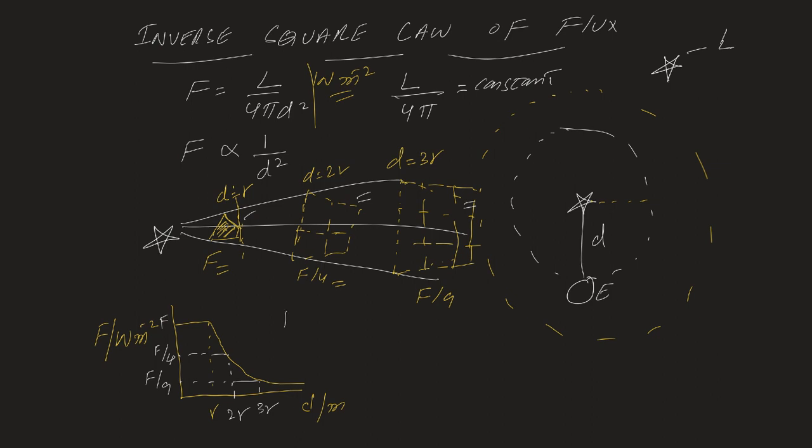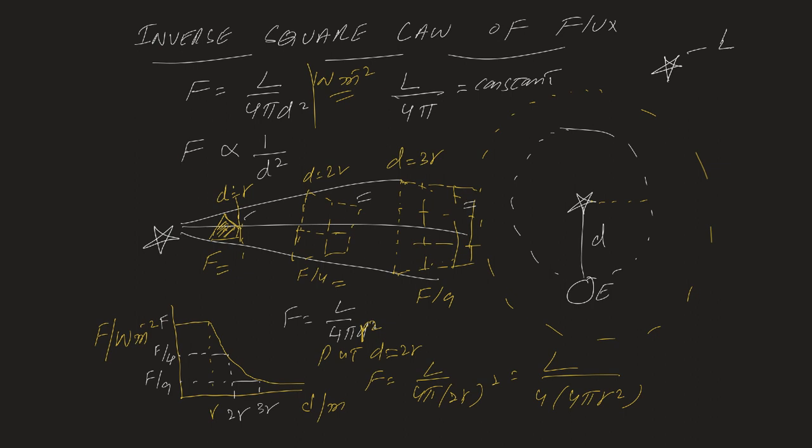Also you can write here F is equal to L over 4 pi d square. If you substitute d equal to 2r, then F is equal to L over 4 pi (2r) square, which is L over 4 into 4 pi r square.